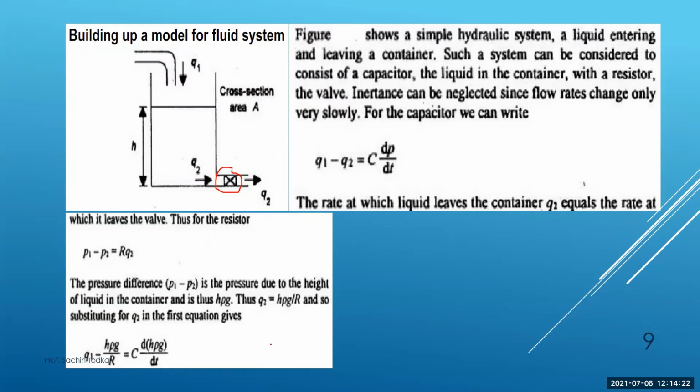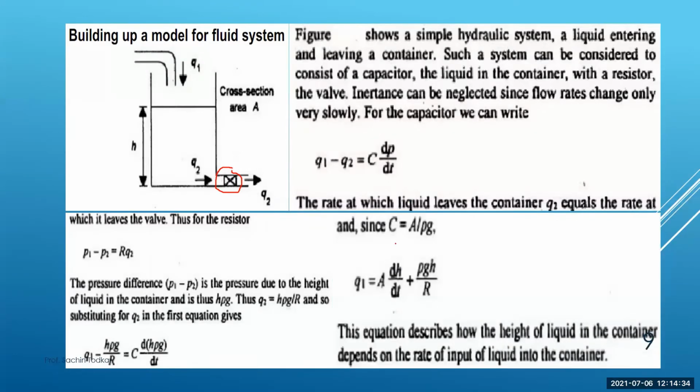So substituting for Q2 in the first equation, equation number 1, and since C is equal to area upon rho into G, which we have seen in the third or fourth slide, we are going to replace that here and you will get the value of Q1.